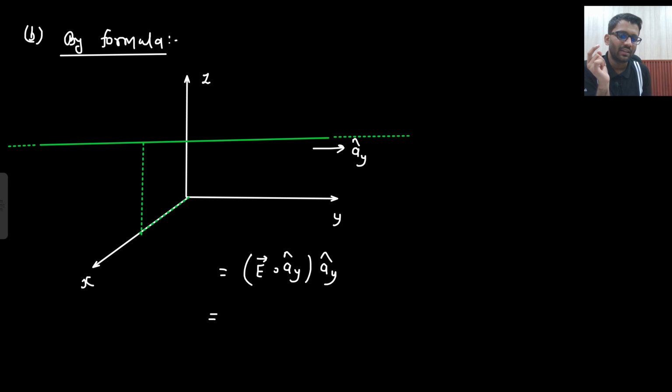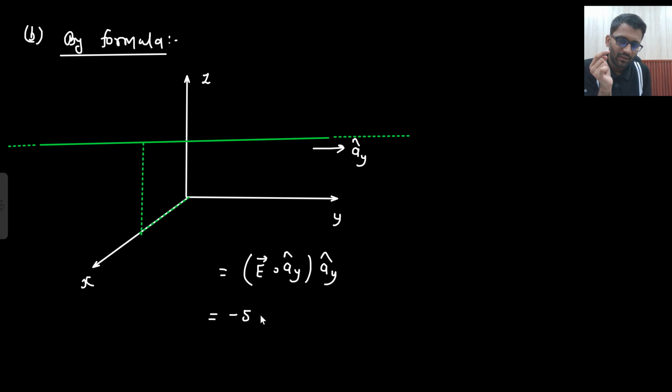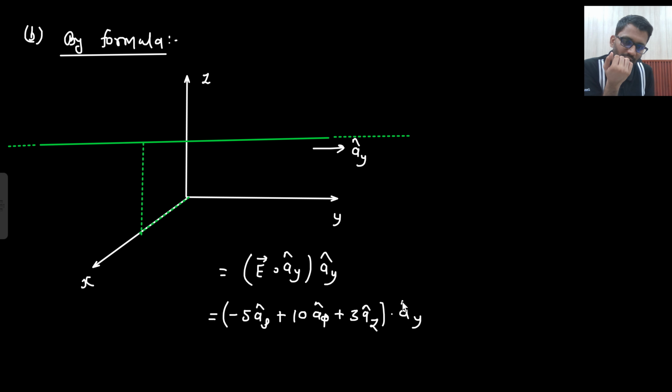So what is my vector E? Vector E is -5 a rho plus 10 a phi plus 3 az. Then dot product you need to do with the ay cap. And what is the direction? Direction is ay.